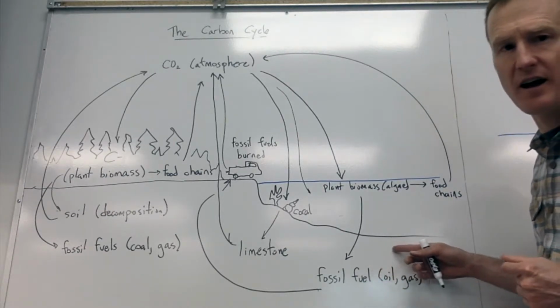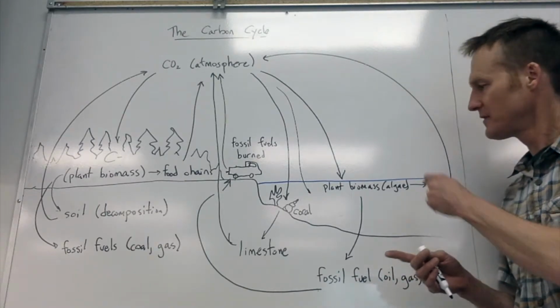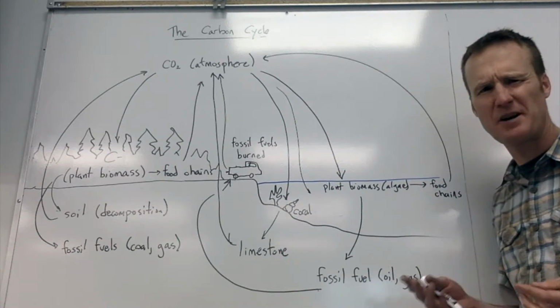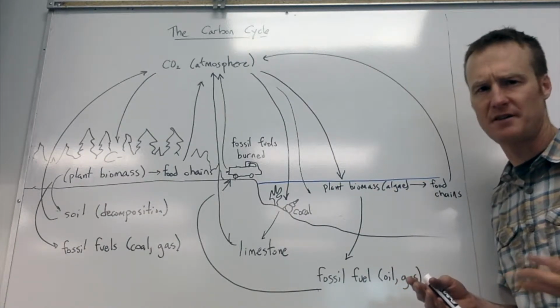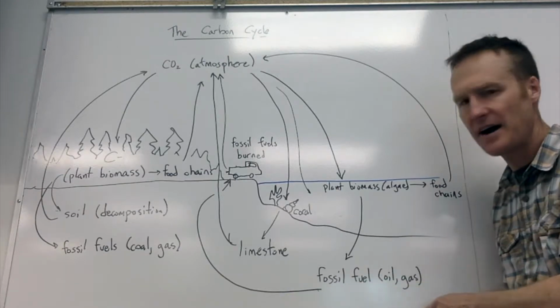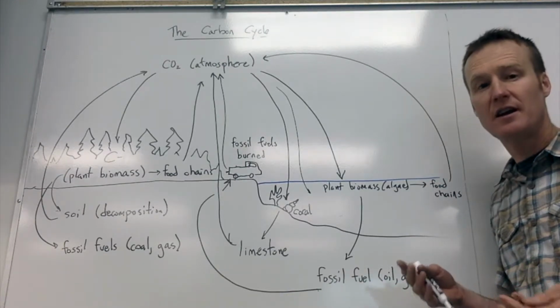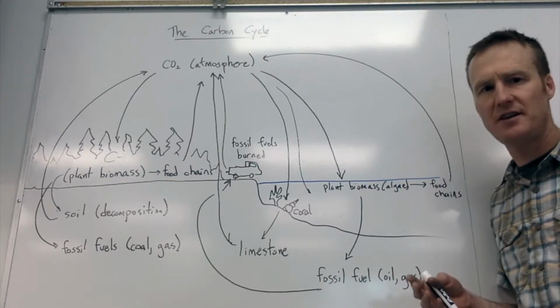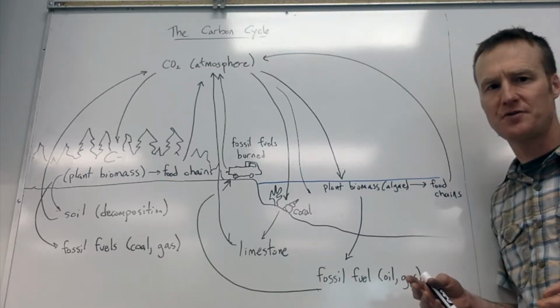Some of the energy-rich carbon molecules from the algae sink to the bottom of the ocean, especially in shallow water bodies and in river deltas. That, having sunk to the bottom of the ocean, can also form, over a really long time frame with lots of pressure and heat, fossil fuels.